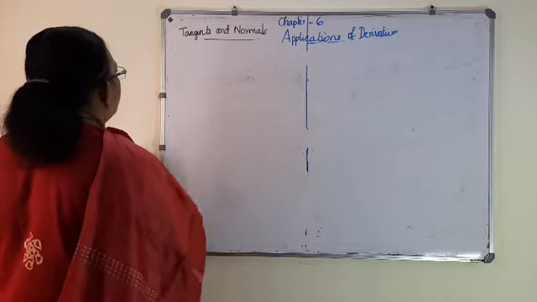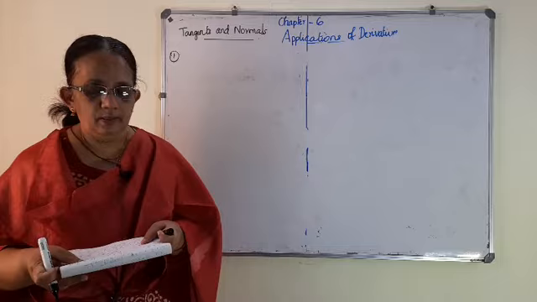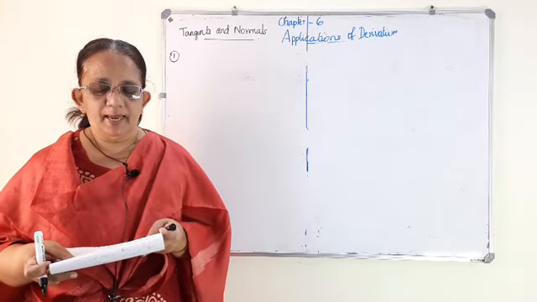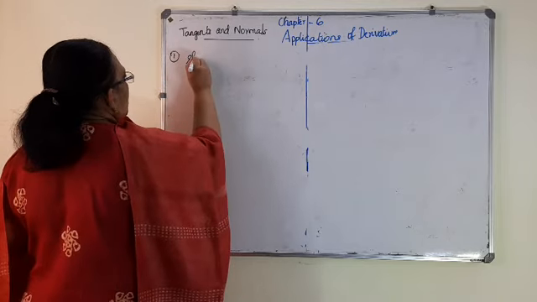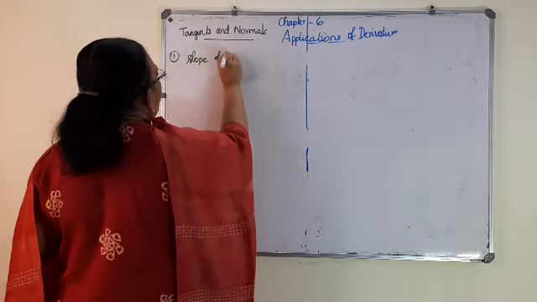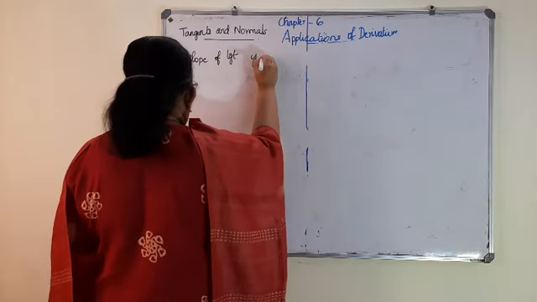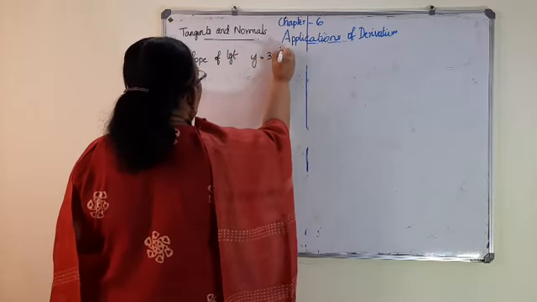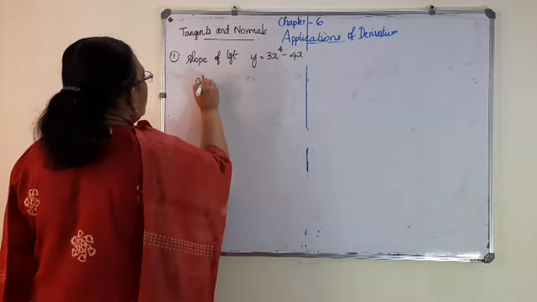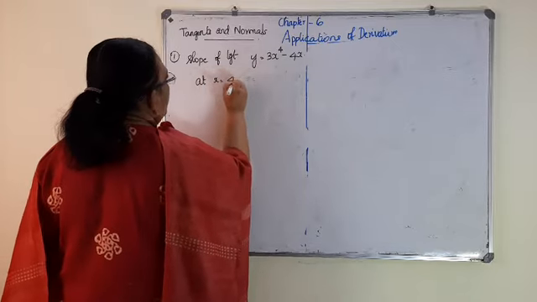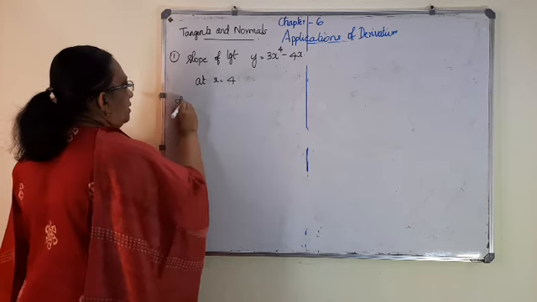Question number 1. Attend the question. Find the slope of the tangent to the curve y is equal to 3x raised to 4 minus 4x at x is equal to 4. So memorize the formula.